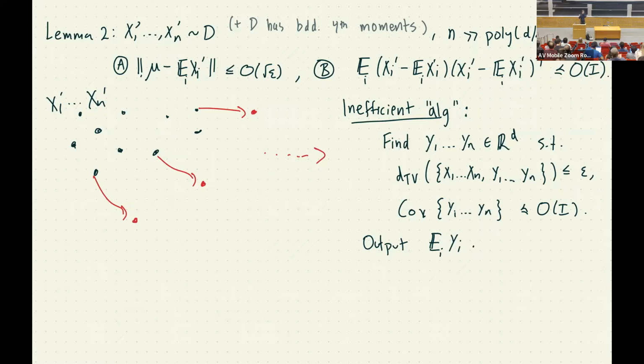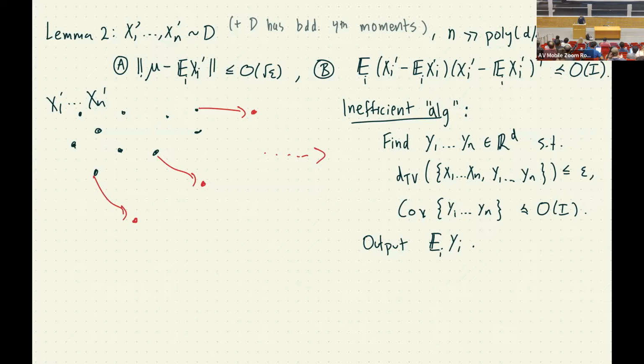Why should such a set of y's even exist? Well, the corrupted samples came from some good samples. The corrupted samples arose because the adversary corrupted an epsilon fraction of the good samples, and the good samples had bounded covariance. So one possible choice for these y's would be the good samples themselves.